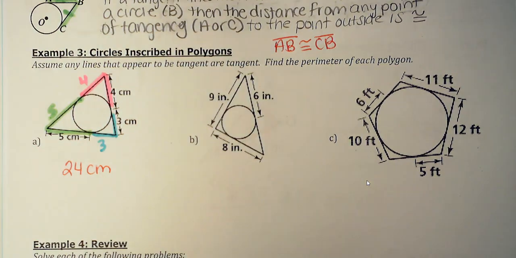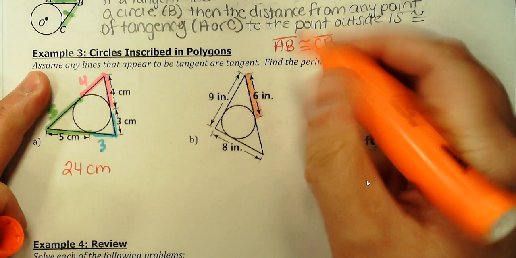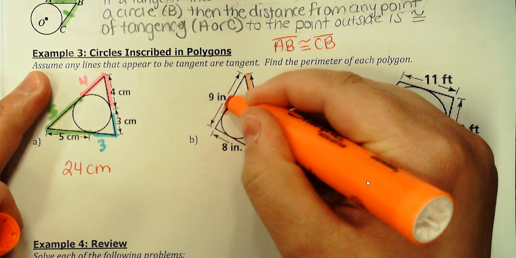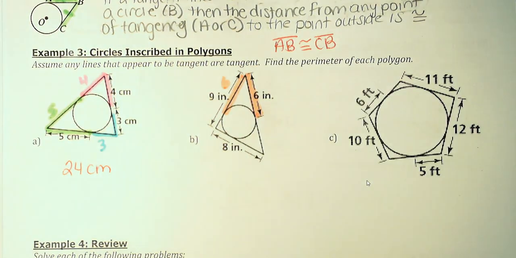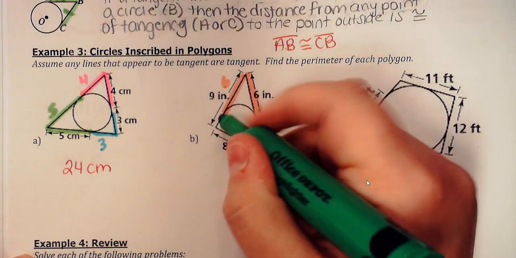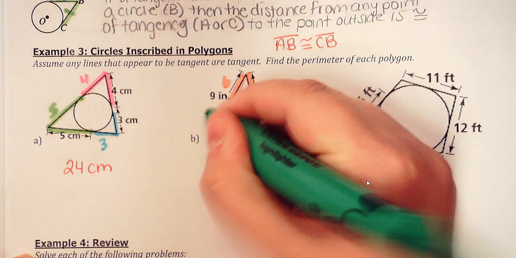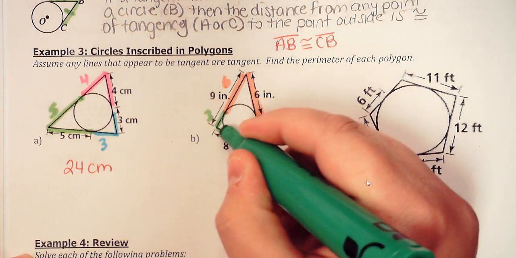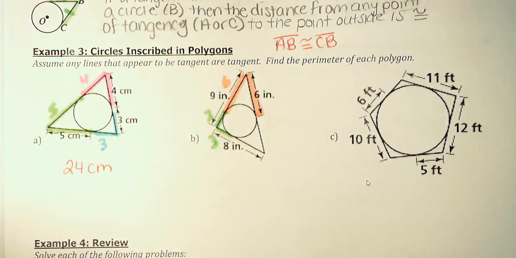Okay, now the next one, a little trickier. This is 6. All right, so the tangent that also meets at that same exterior point, that would be 6. Now, they give me this entire side here as being 9, so that much of it's 6. So then from that tangent point to this point outside, that has to be 3. Same thing right here. This distance has to be 3, and then it switches over at that tangent line.